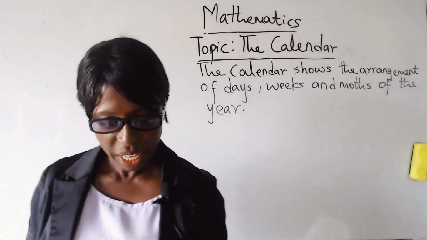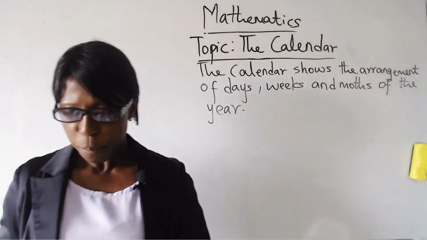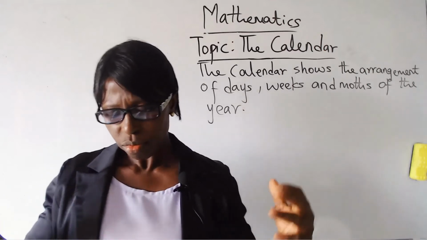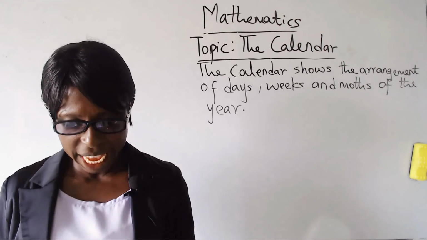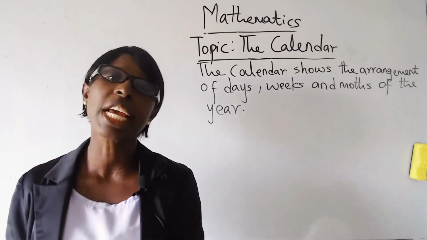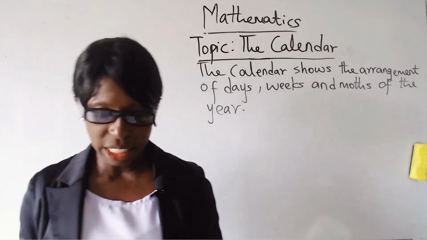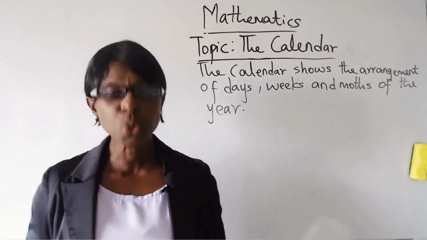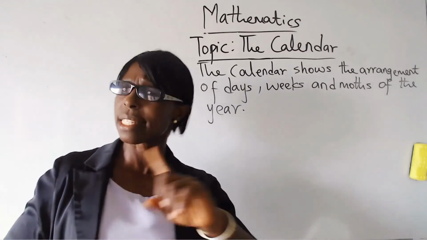All right. I want you to know that a day begins from one midnight to the next midnight. There are 24 hours from one midnight to the next midnight.